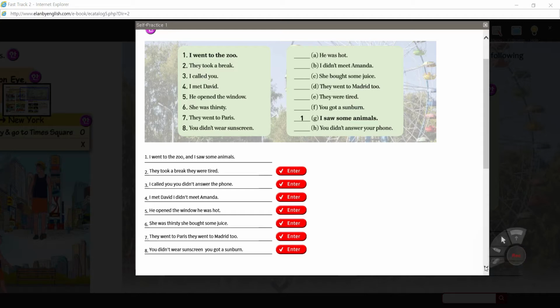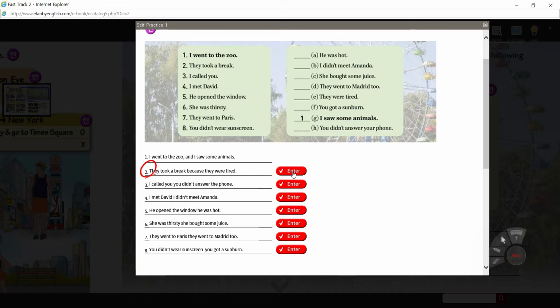So we're reviewing the answers here. We've already matched them up, and I've written out the answers. And we're going to write these in. Number 2, they took a break. They were tired. I'm going to throw in the word because, and check this one out first.